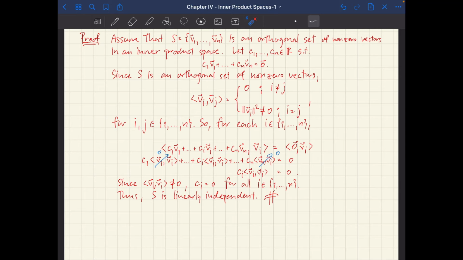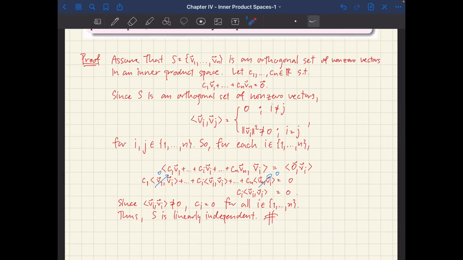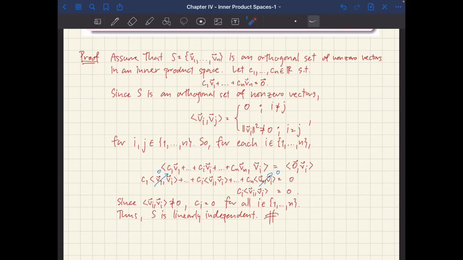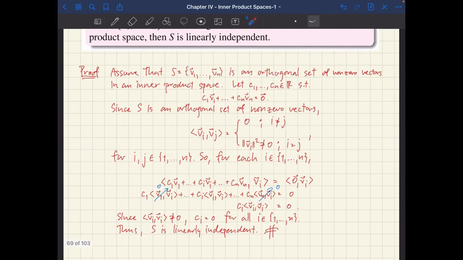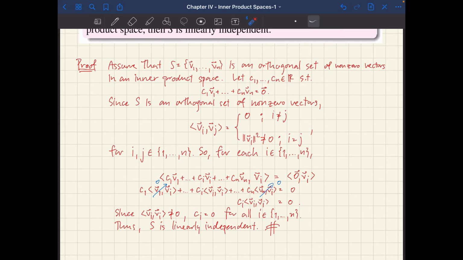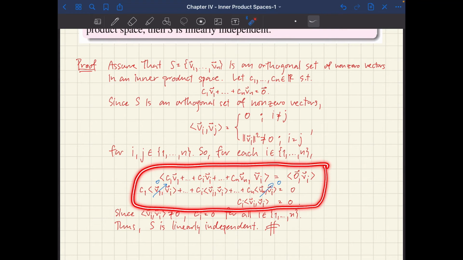So what does it mean? It means that S is linearly independent. From this theorem, you need to take the inner product like this, right?